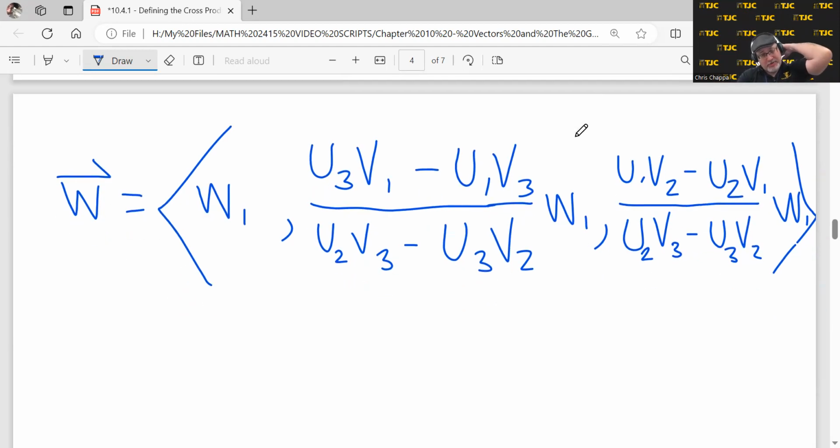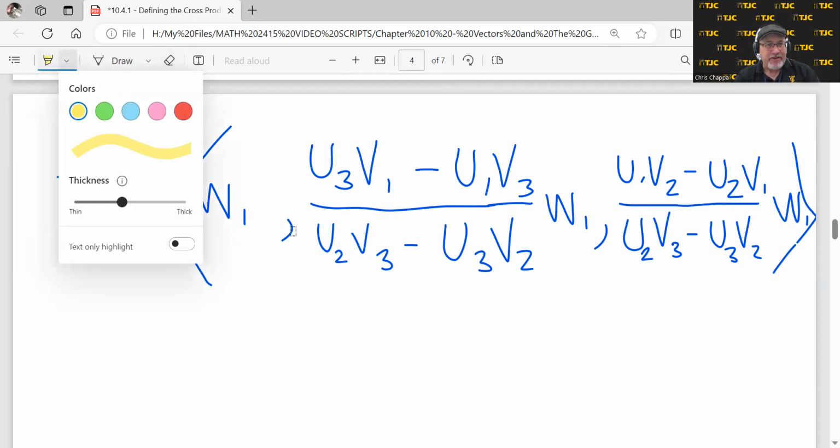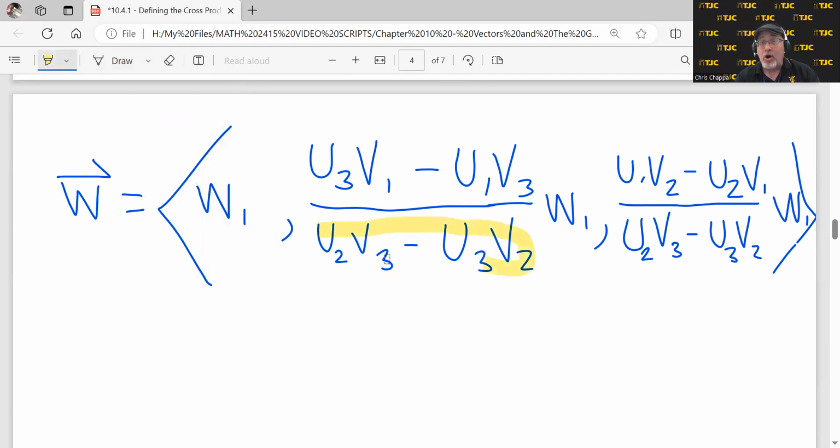Well, what would make this expression look better? Well, number one, if it had no fractions. So I'm going to choose to multiply by a scalar that will eliminate the two denominators. And if you've been looking closely, you'll have observed that our two denominators are already the same. How nice for us. So whatever is going to take out one denominator will take out both of them.